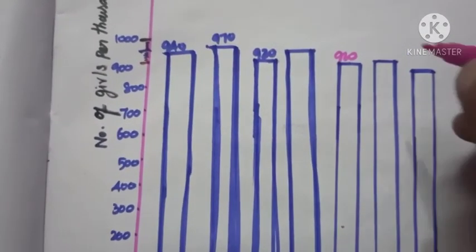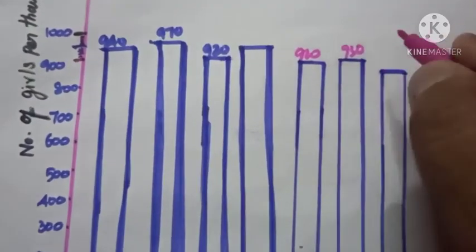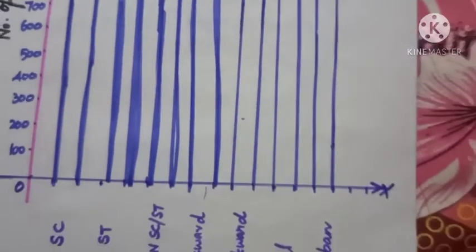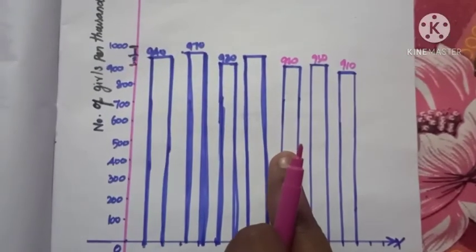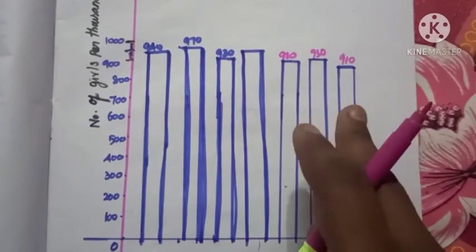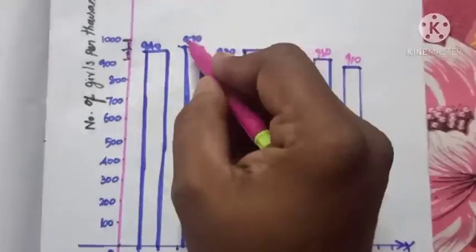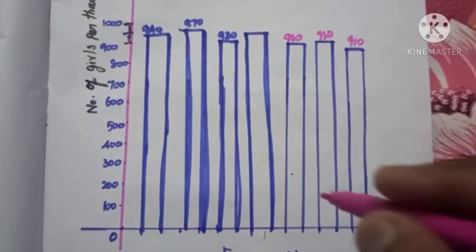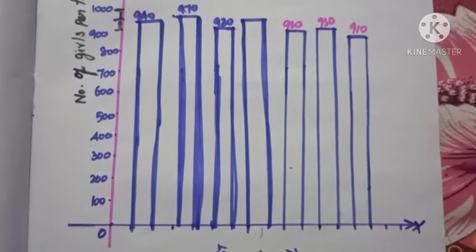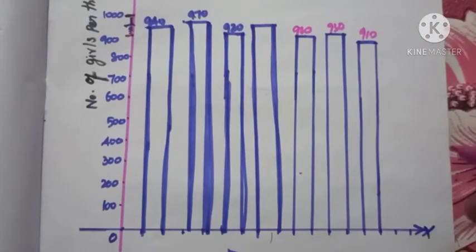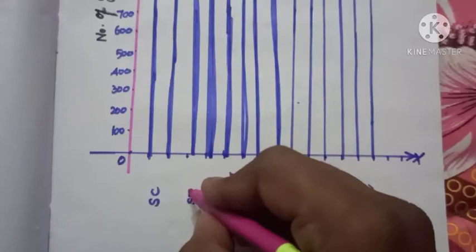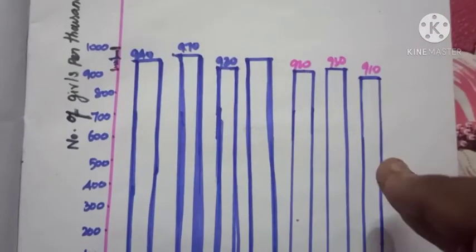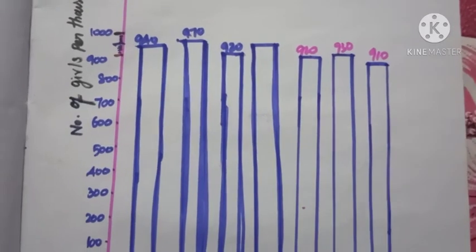And the next one, rural, is 930, a little bit more, and urban is 910. So you can see which one is the highest in this bar graph: 970, that is ST. Which one has the higher number of girls per 1000 boys, in the category of ST? Okay, question number 3, you can do it as homework.